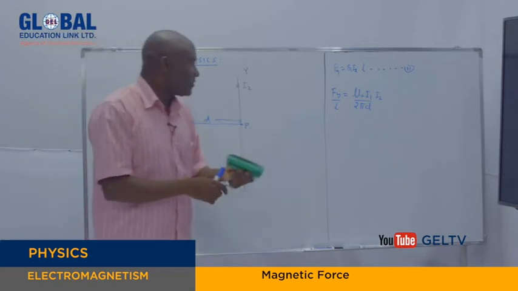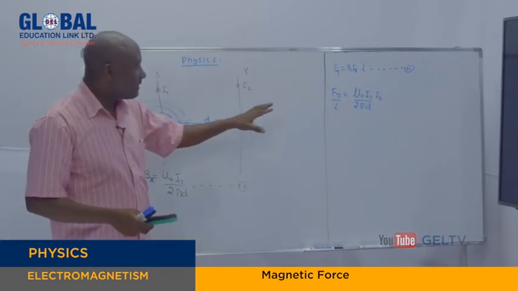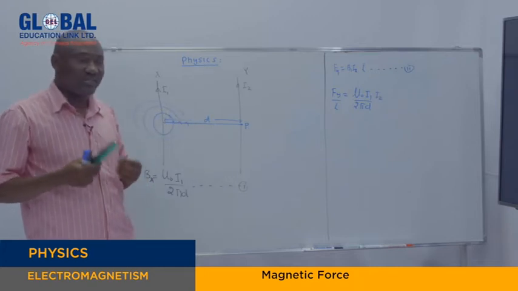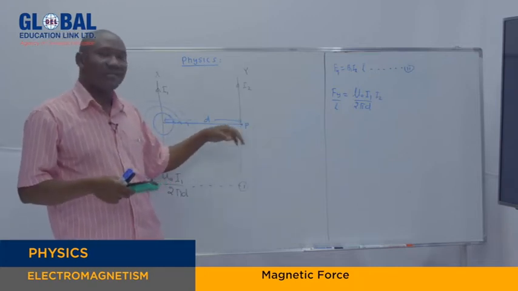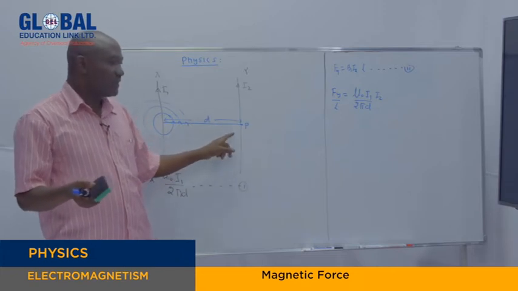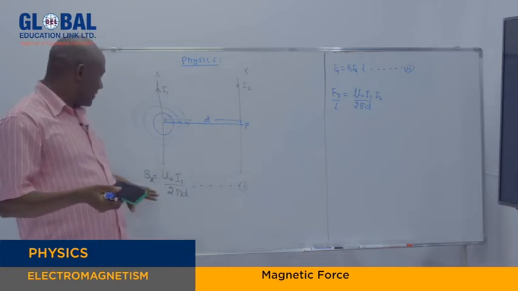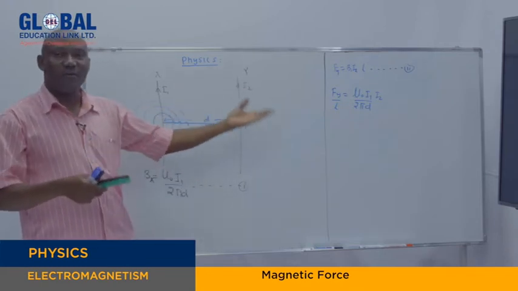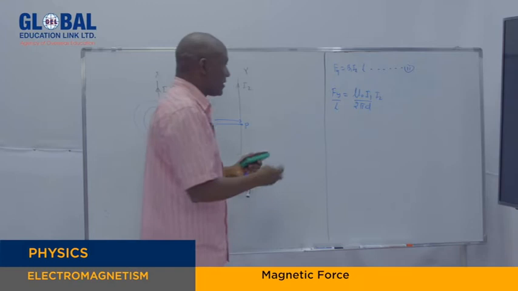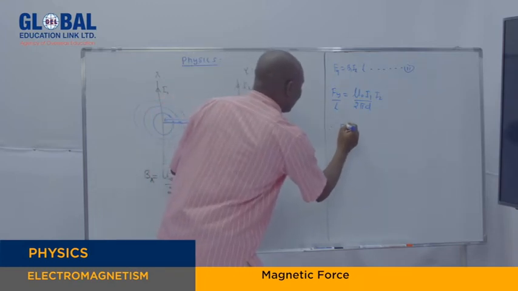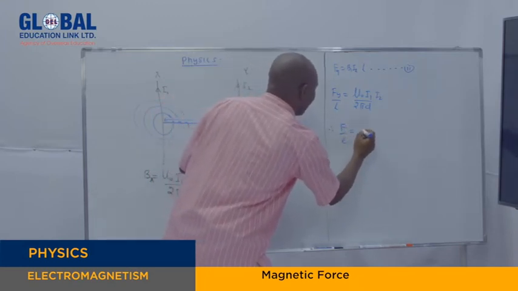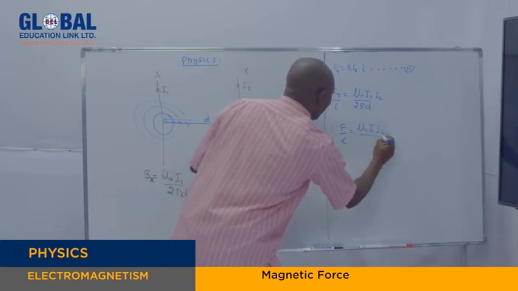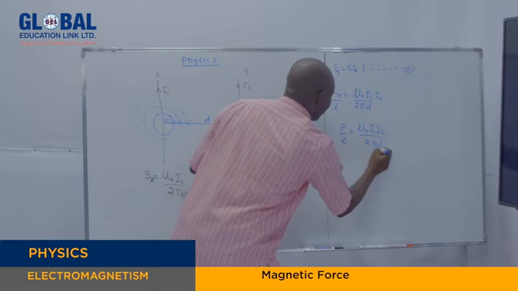This is the force that will be experienced by wire Y due to the magnetic field which has been created by wire X. Likewise, if you consider Y as the source of the magnetic field, you find the magnetic field of Y using the same current too, and you come up with the same formula that the magnetic force per unit length is given by mu I1 I2 over 2 pi d.